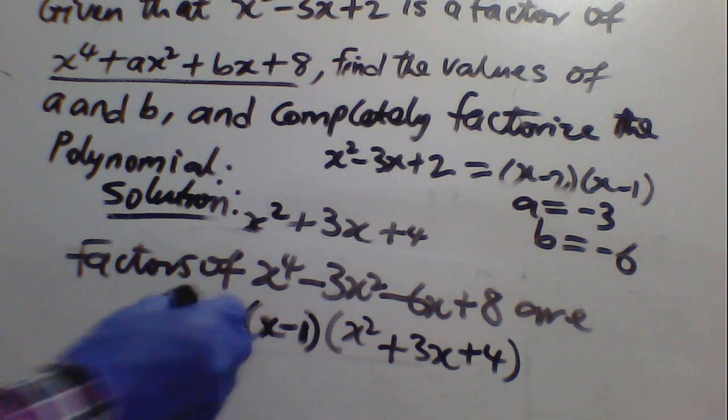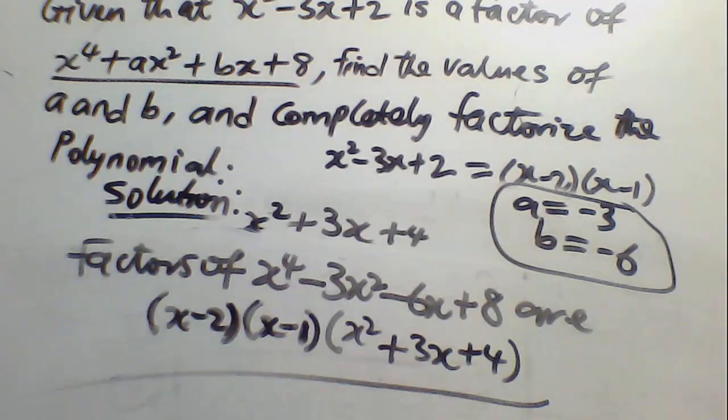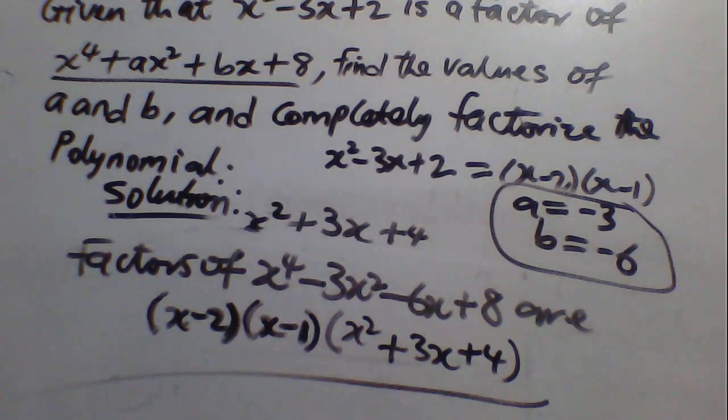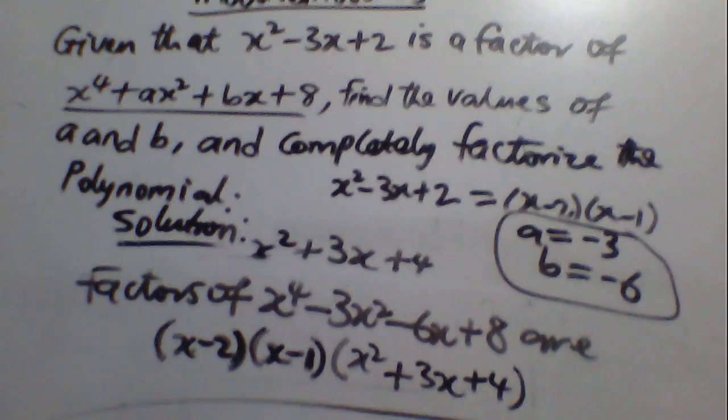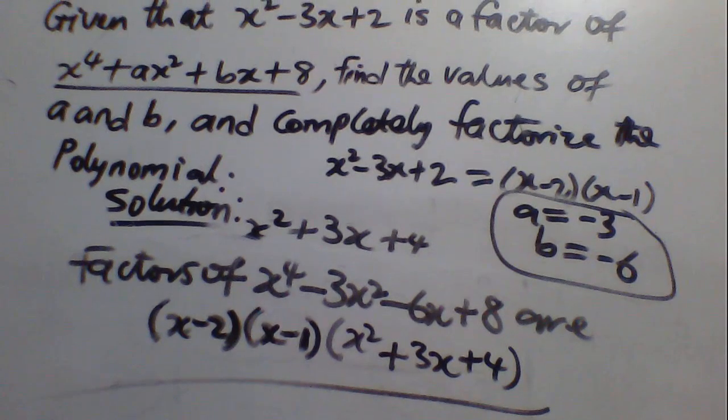That is it. We have completely factorized it. And the values of a and b: a is equals to minus 3, b is equals to what? Minus 6. That is what is required of you.